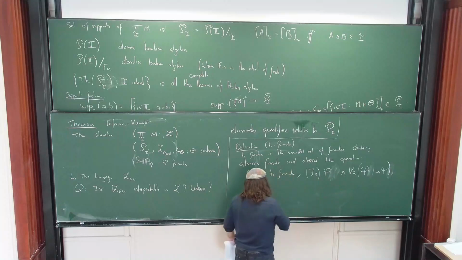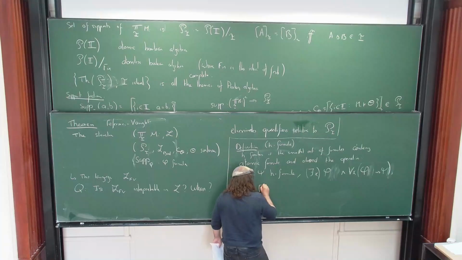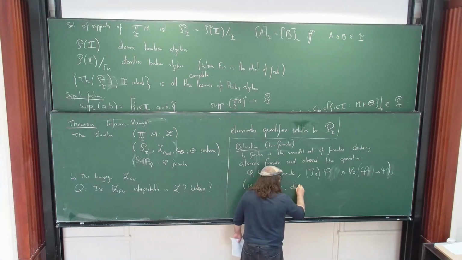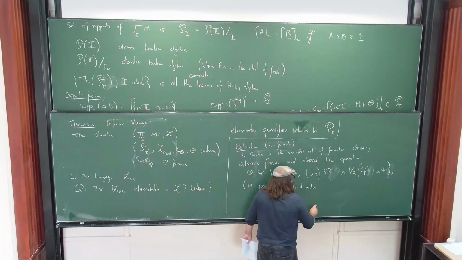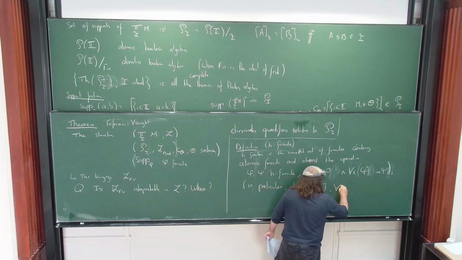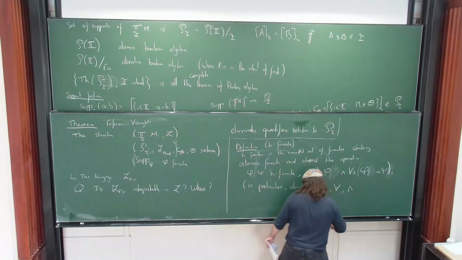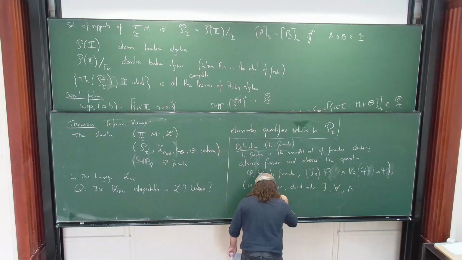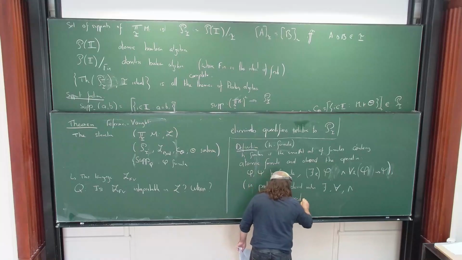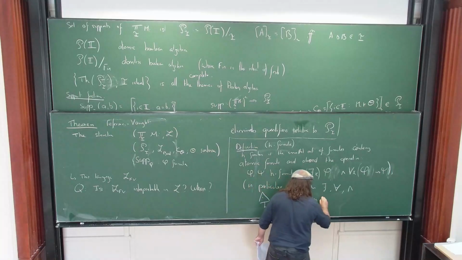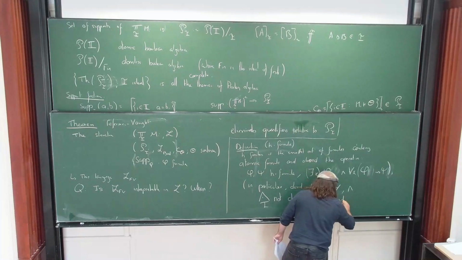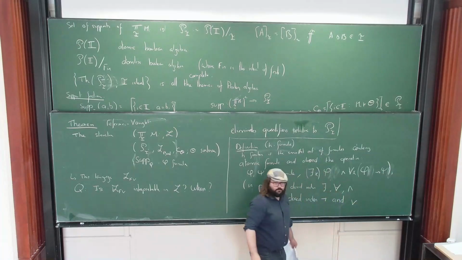Okay. So in particular, closed under exists, for all, conjunctions. Not closed under negation and disjunction.